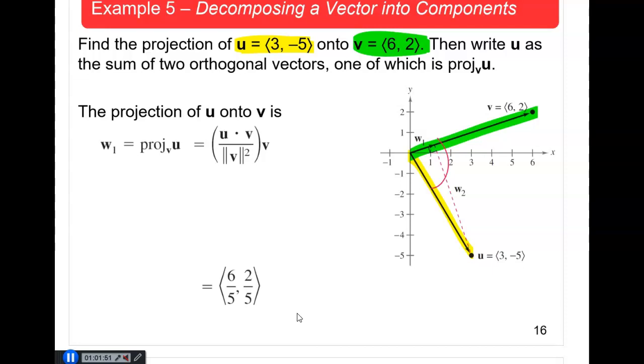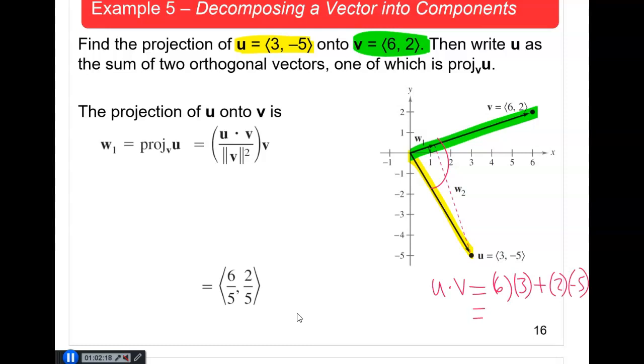And here the angle looks like less than 90, so it is an acute angle, so obviously they're not orthogonal. If you're not sure, what you could do is calculate the dot product of u dotted with v, so it will be 6 times 3 plus 2 times negative 5.